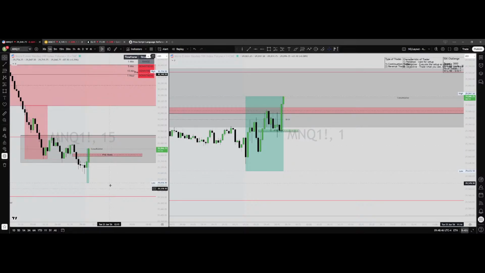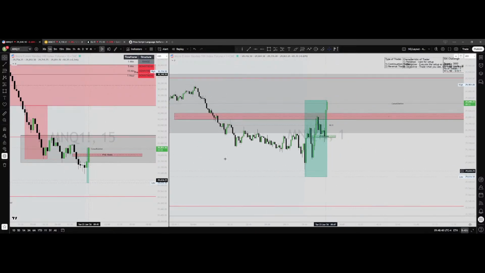We are not taking any long trades as of now, but what we are expecting is the price to show us an AMD model today. So this is like an AMD model.